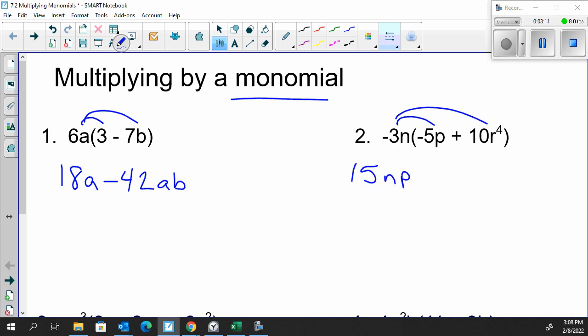They're not the same thing. Can't put them together, so there you go. Just write them next to each other. On to the next one. Negative 3 times 10. Numbers first. What's negative 3 times 10? Negative 30. And I have n and r to the fourth. So what am I going to write? n r to the fourth. Done.